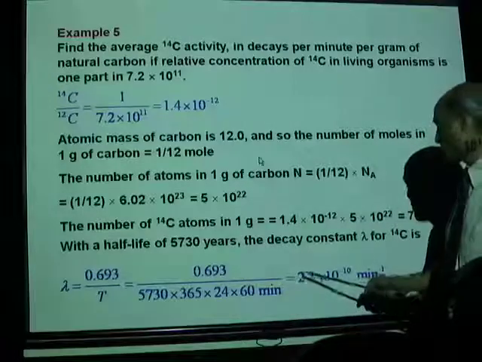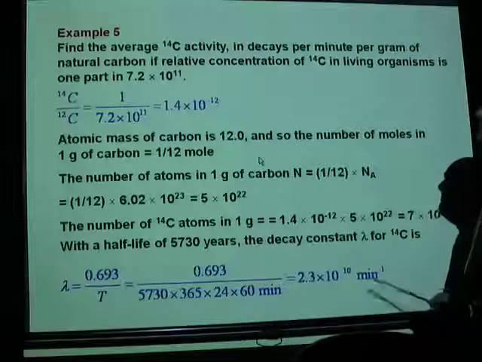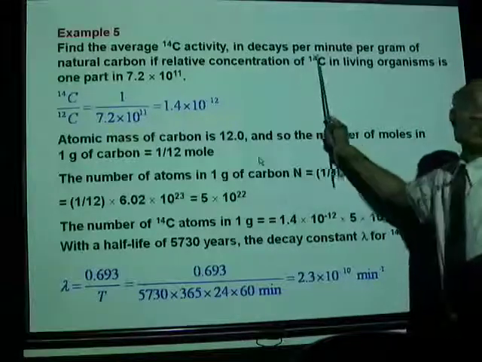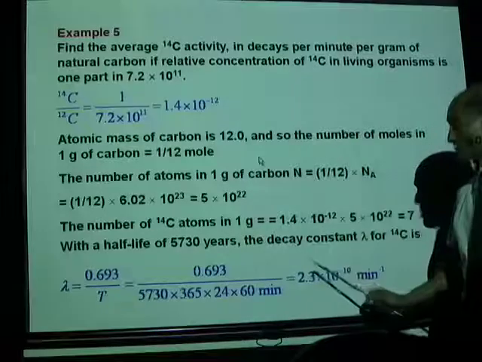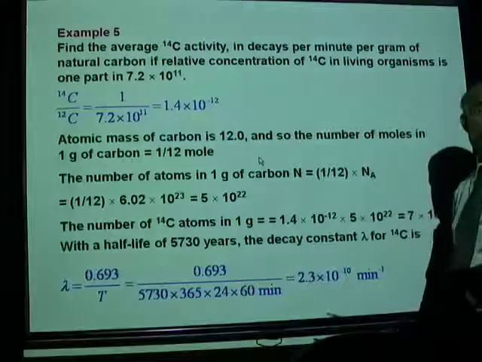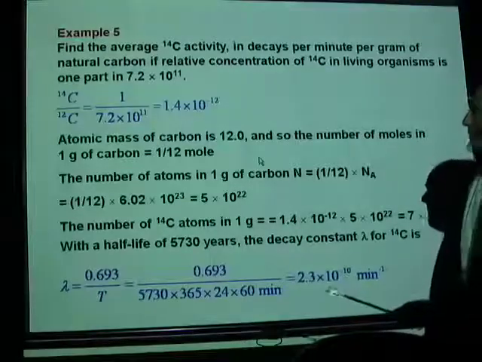That will be 2.3 times 10 to the negative 10 per minute, because we are looking for activity in decays per minute. So we represent lambda, the decay constant, in units of per minute.